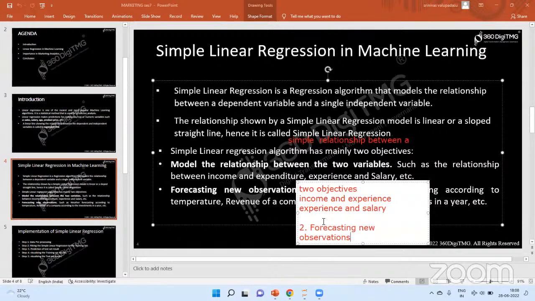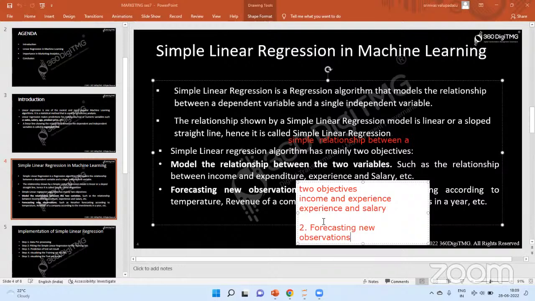So the first objective is to model the relationship between two variables, one dependent and the other independent, for example income and expenditure, or experience and salary. And the second objective is that we can forecast new observations.